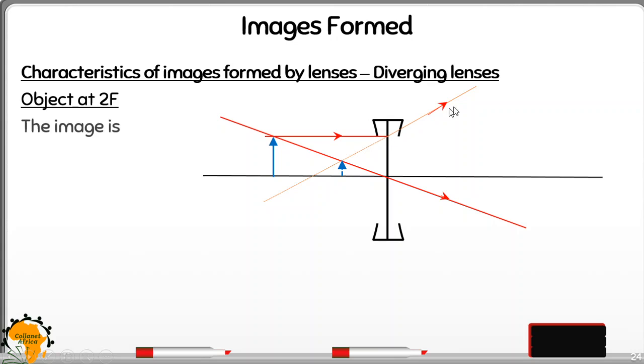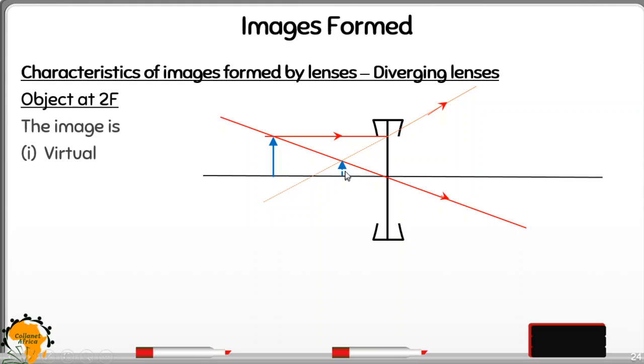After refraction, it is diverged and it appears to be coming from F. Then we have a ray that is coming from the tip of the object, passing through the optical center. That ray goes undeviated. Because there is no actual intersection of rays, this one is extended so that you can get the intersection of the two rays.